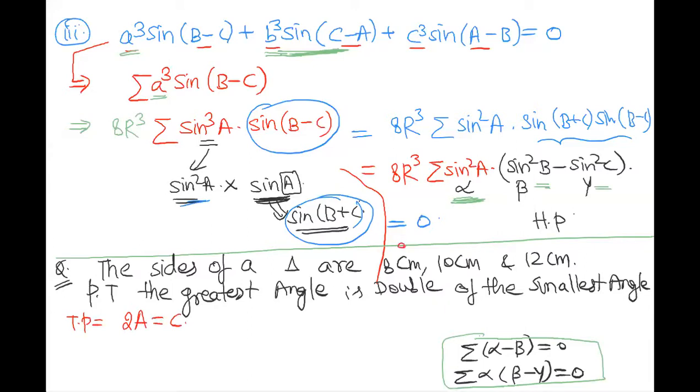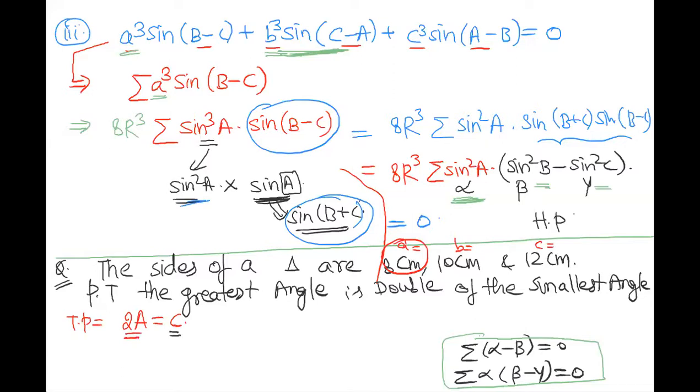So this we are calling side A, this we are calling side B, and this we are calling side C. So the greatest angle is double the smallest angle. A is the smallest side, so that angle will also be smallest, and C we are calling the greatest side.